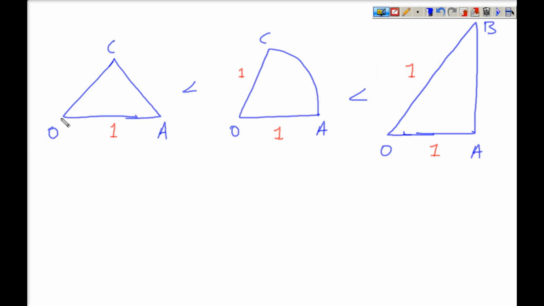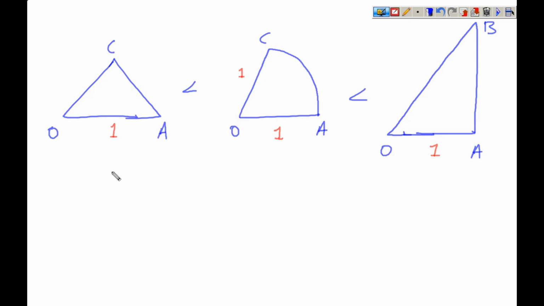Here first I have drawn this triangle OCA, and then the sector OCA, and then the bigger triangle OAB. And here I've written one, sorry, this is not 1, this is 1 because this is the radius of the unit circle. That's why OA is 1, OC is 1.